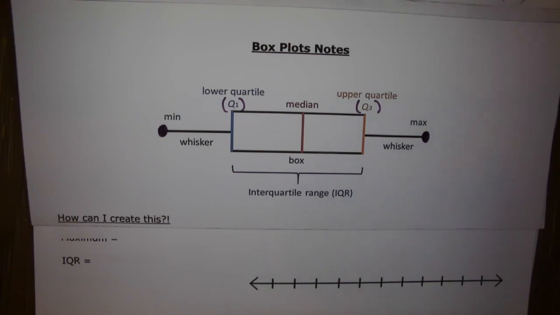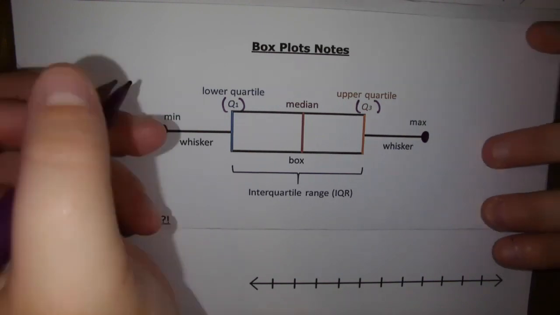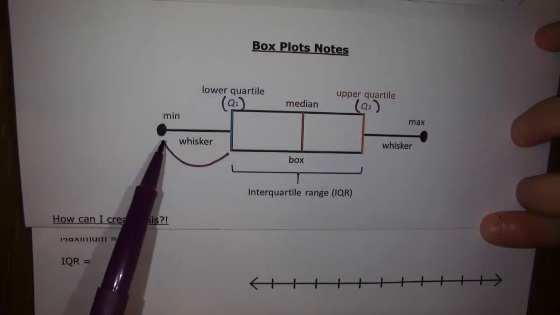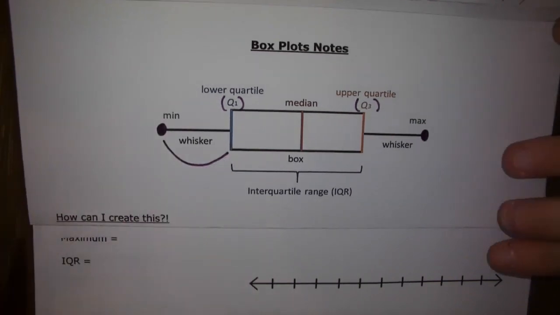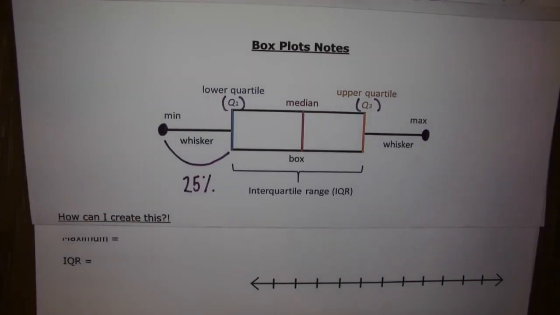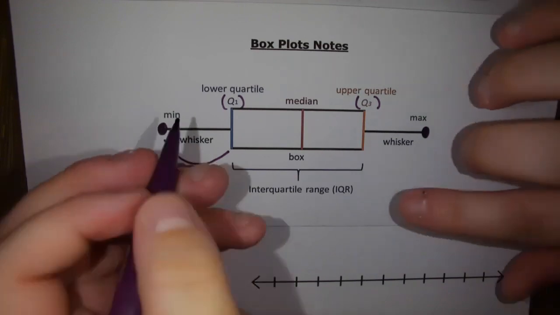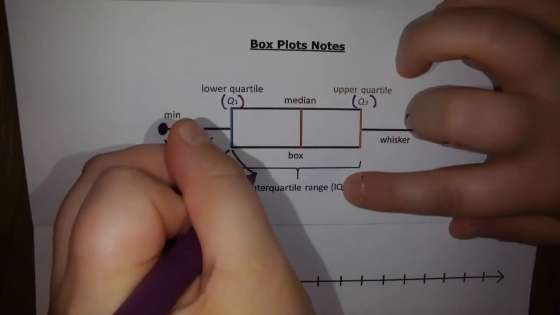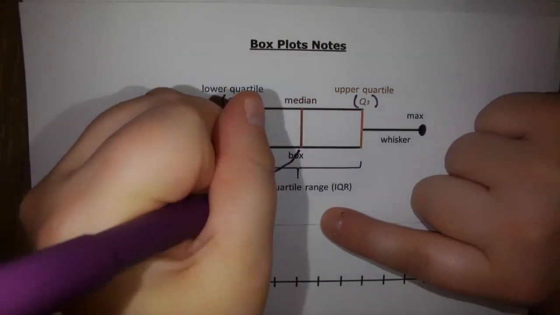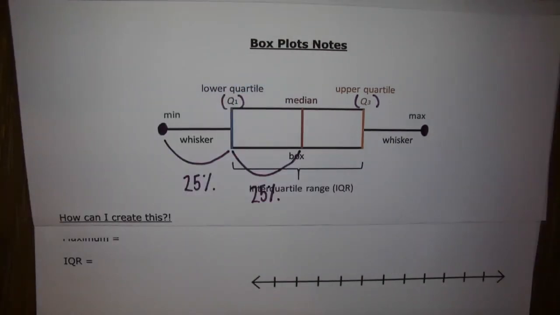And one of the things that's great about box plots is it really separates your data into 4 different sections. This section here that goes from the minimum to the start of the lower quartile contains 25% of your data, and this section from your lower quartile to your median contains another 25% of your data.